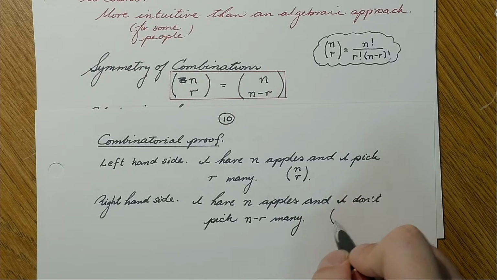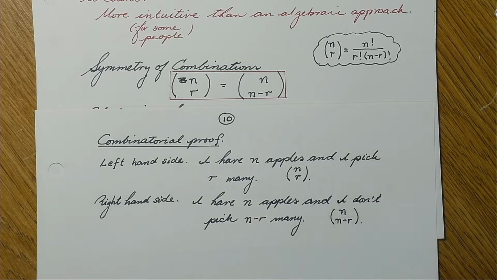So that means that I have n choose n minus r. So that's what we mean by the symmetry.